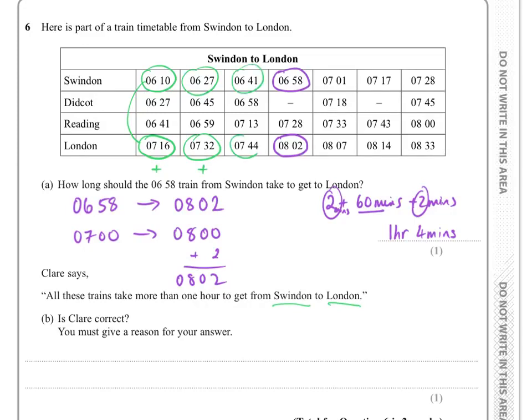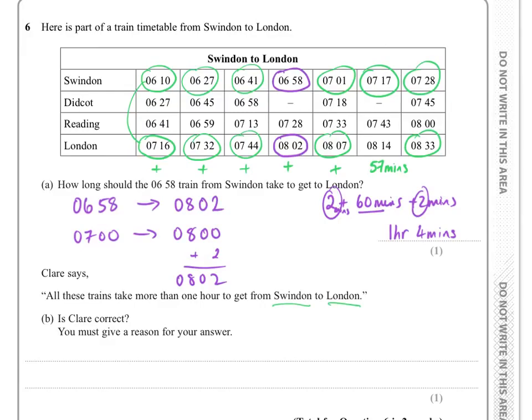This one is more than an hour as well. This one we've already done, we know that to be true. This one here is more than an hour. But look at this one. From 07:17 to 08:14, well, that's less than an hour. So we're 3 minutes short of an hour, so that's 57 minutes there. And this one here, well, that's more than an hour.